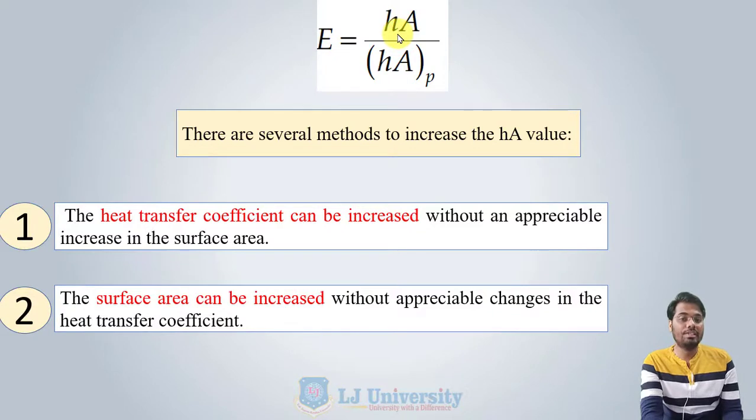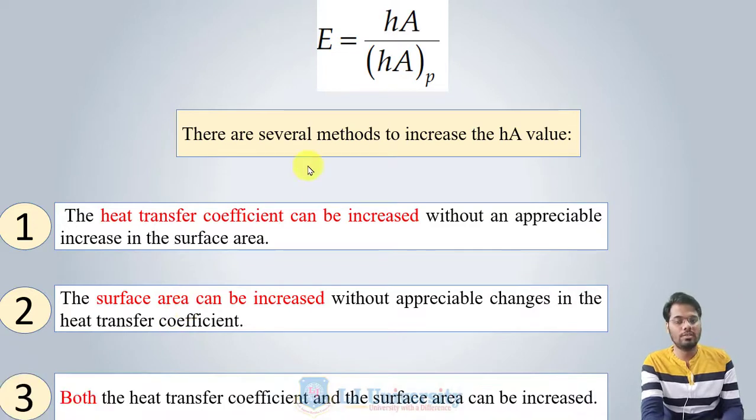The second way is to increase the value of capital A instead of h, without appreciable changes in the heat transfer coefficient. And the third option is that both the heat transfer coefficient and surface area can be increased. So these are the three ways by which you can increase the value of capital E, which is the enhancement ratio.